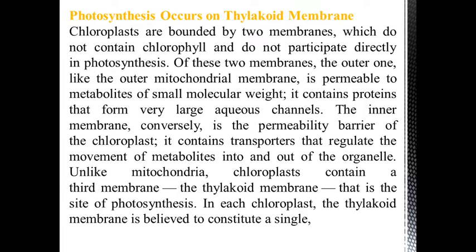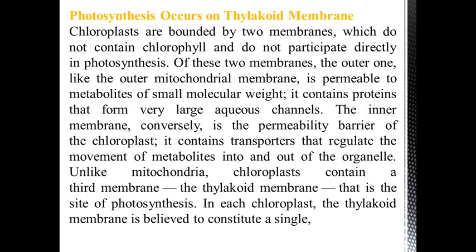Students, you know the basic definition of photosynthesis. Photosynthesis means synthesis of food material by the green cells of plants, that means chlorophyll pigments, in presence of sunlight with the help of carbon dioxide and water.